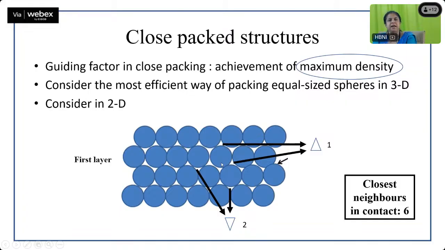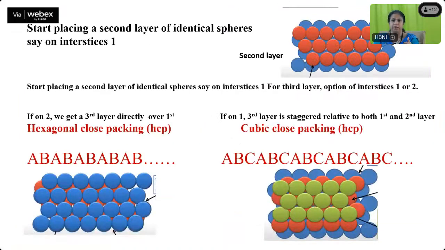So 6 plus 3, 9. Now, if you go below it, again, because you will be filling only one type of interstices, either the ones pointing upward or the ones pointing downward, depending on HCP or CCP, it will again have 3 neighbors. So 6 in the same layer, 3 on the top, 3 below. That gives you the coordination number of 6 plus 3 plus 3, 12.